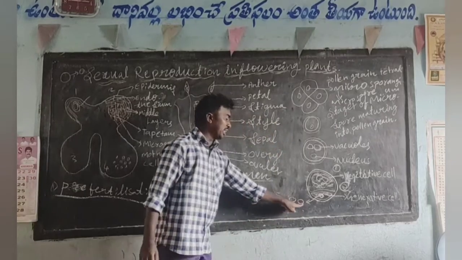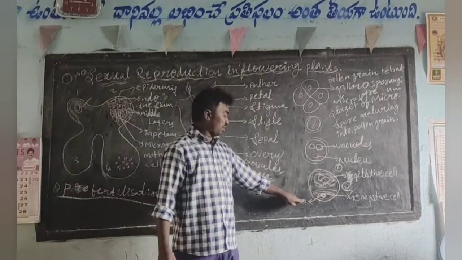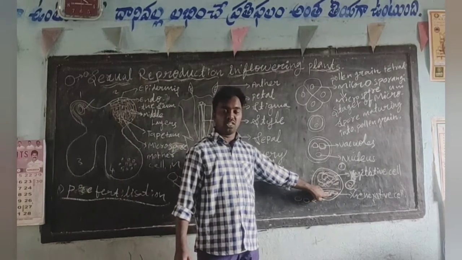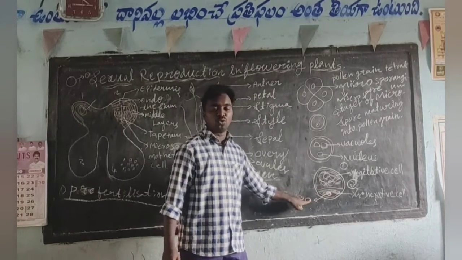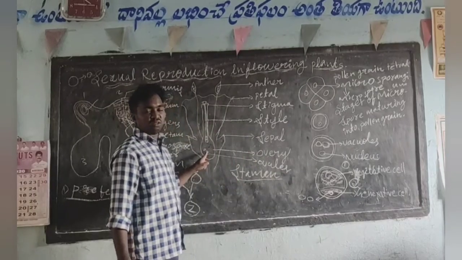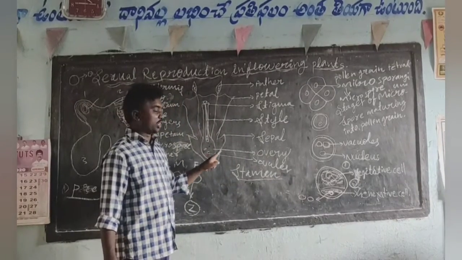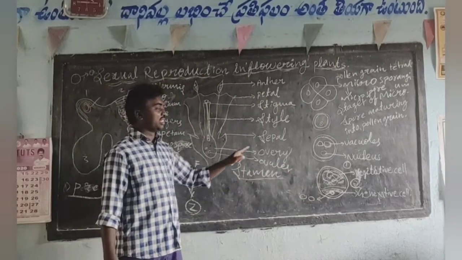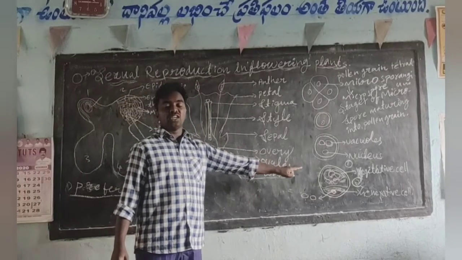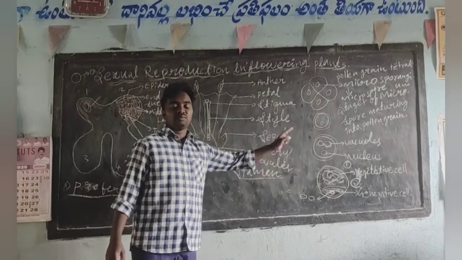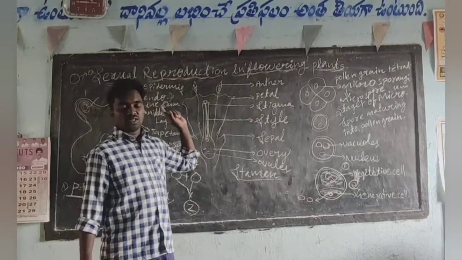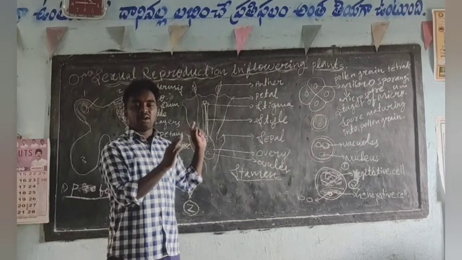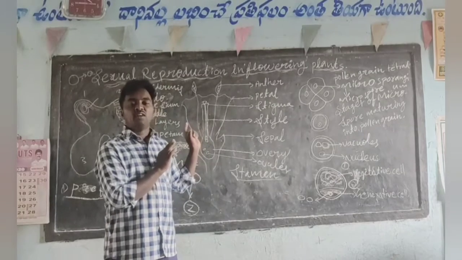So the two male gametes are formed from the nucleus of the generative cell only. These two male gametes only fuse with the female gametes. This is the pre-fertilization process done in the flower. Okay, done in the anther. So these pre-fertilization processes take place in the flower.